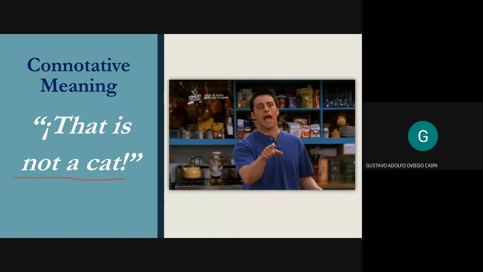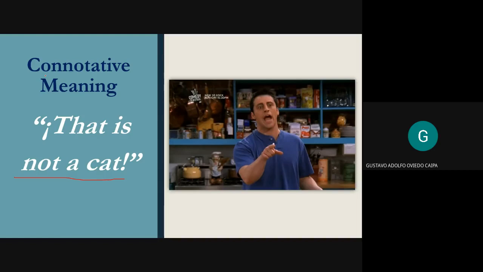Remember that connotative meaning has to do with the experiences of the real world of people. So when Joey says that's not a cat, it's because the animal in front of him doesn't have the characteristics of a cat according to his experience.